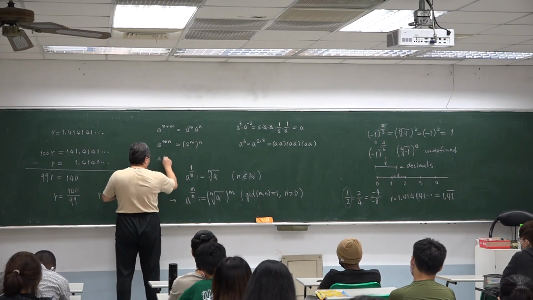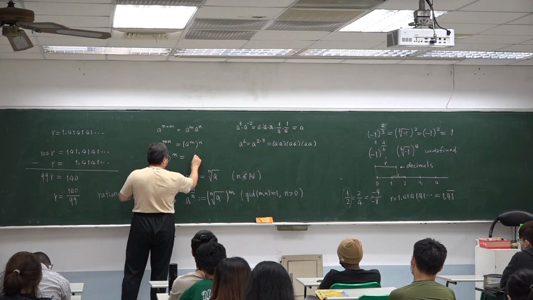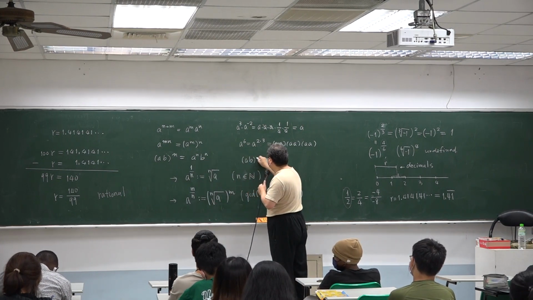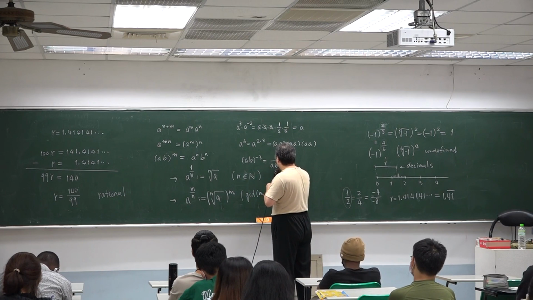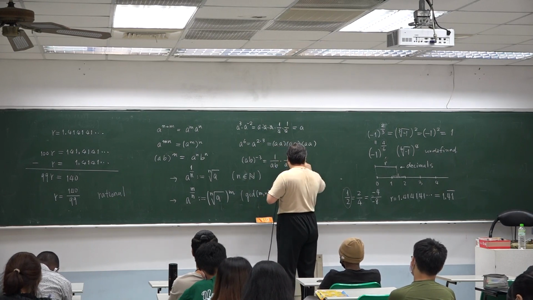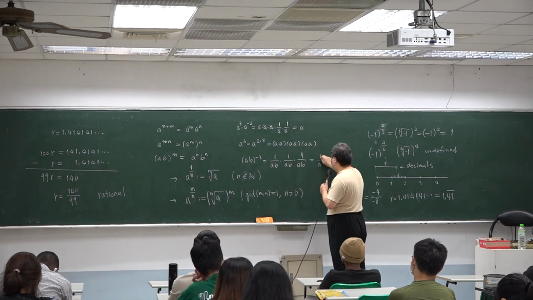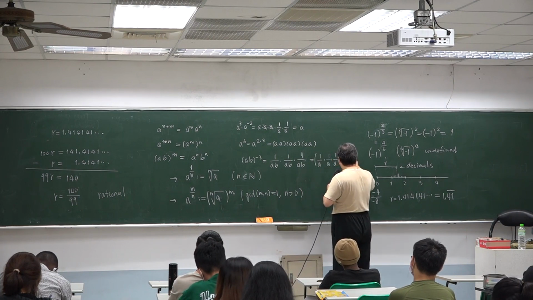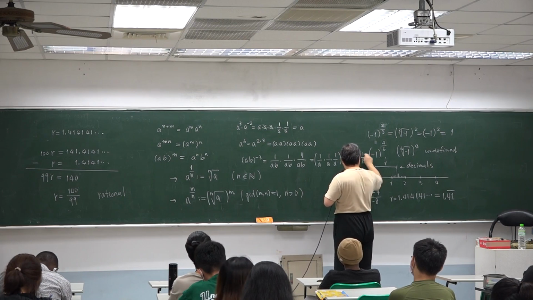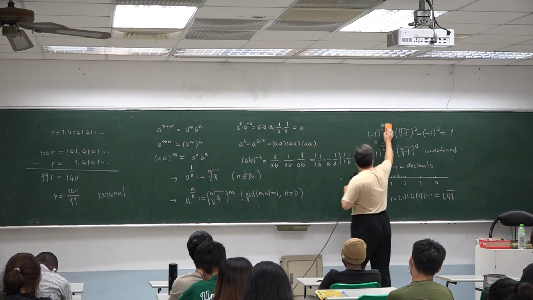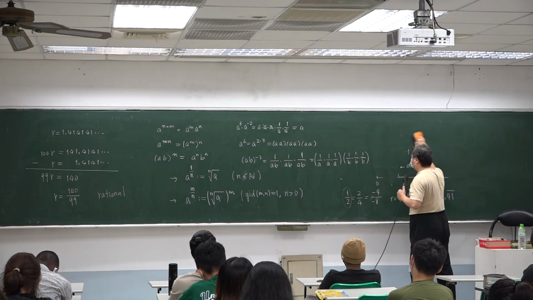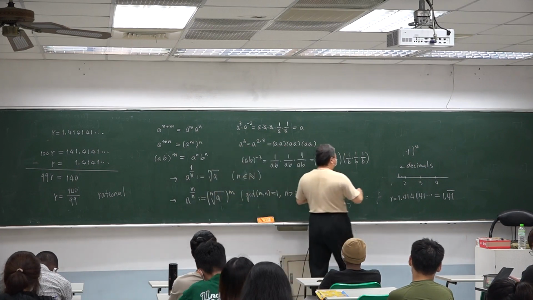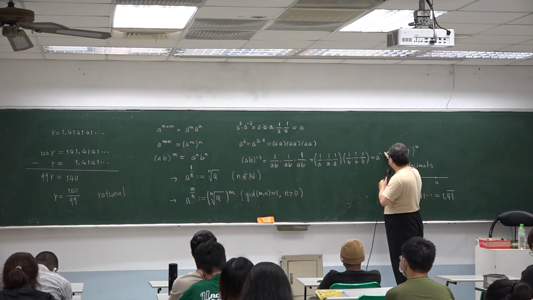Well, suppose we have AB here. So here is A to the minus third.